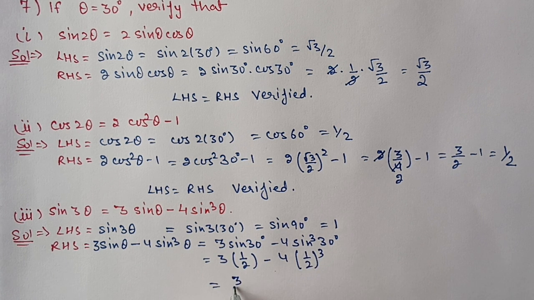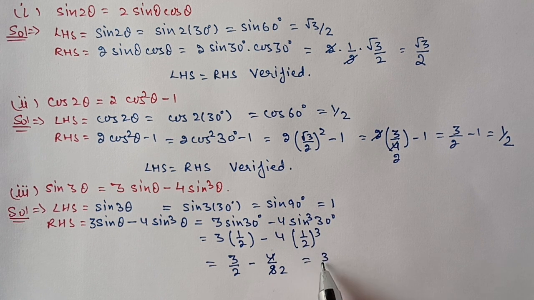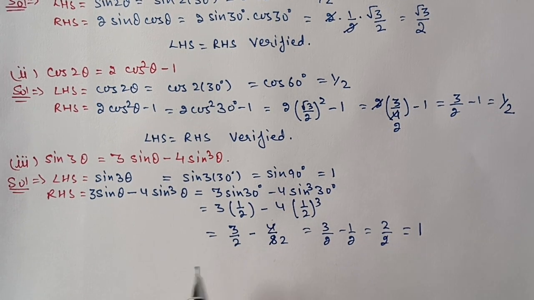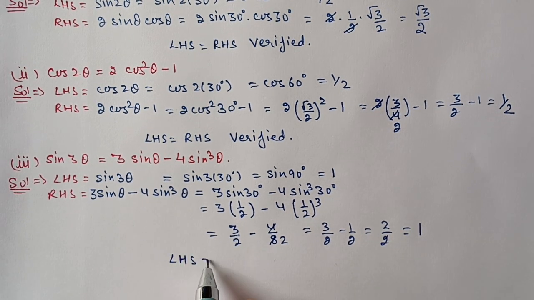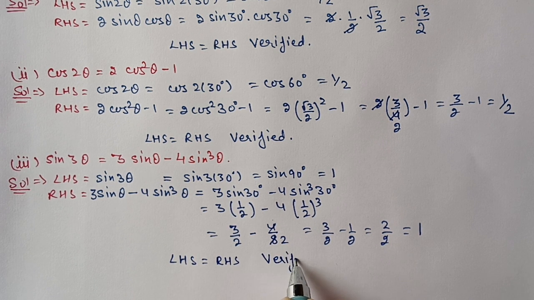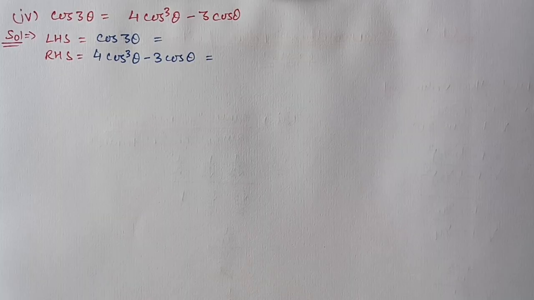So here you will get 3 by 2 and here 4 by 8. Can cancel out. 4 by 8 means 1 by 2. 3 by 2 minus 1 by 2 is equal to 2 by 2, which means 1. So we are getting left side and right side equal. It's verified.